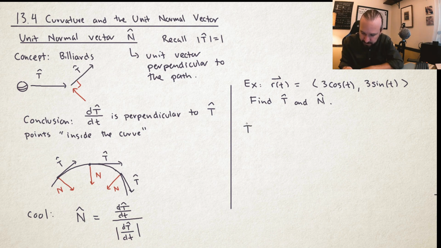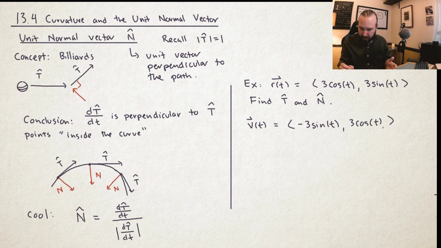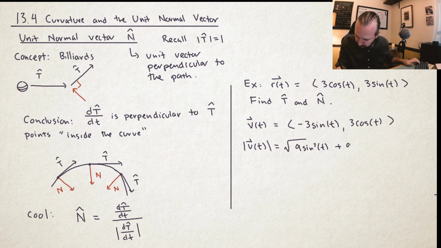So big T, well, first let's get, so there's R. So first let's get V of T. Now let's get magnitude V of T. So that's going to be the square root of 9 sine squared T plus 9 cos squared T. So that's 3.